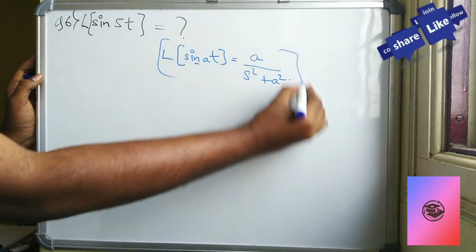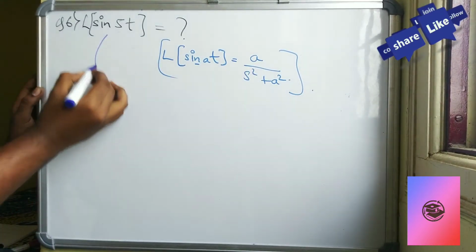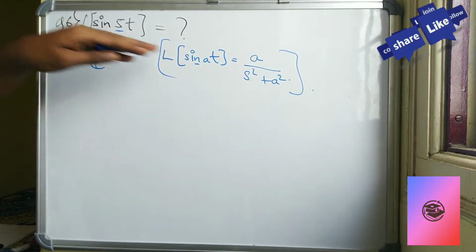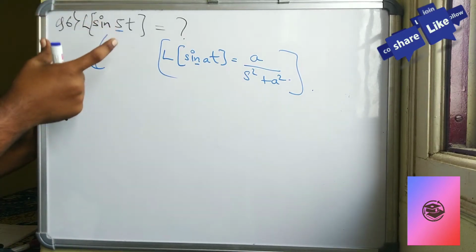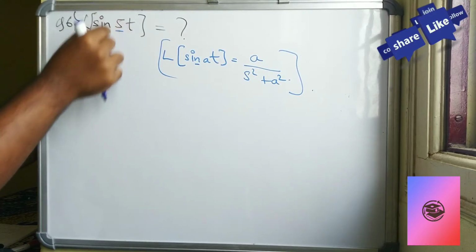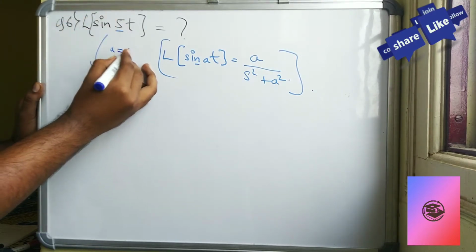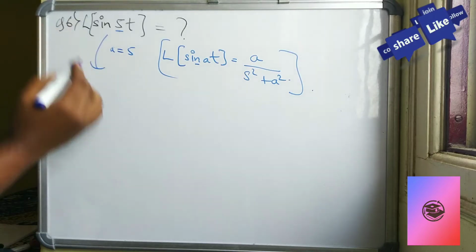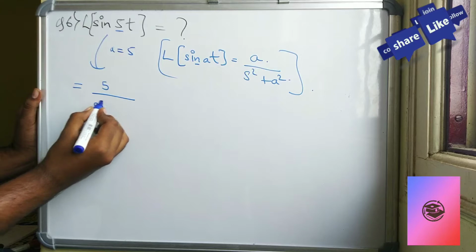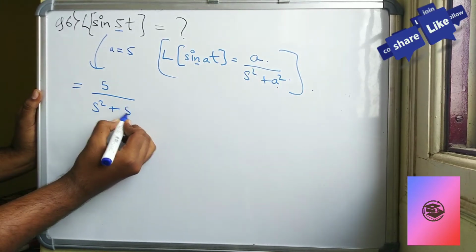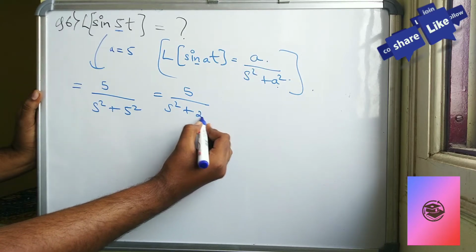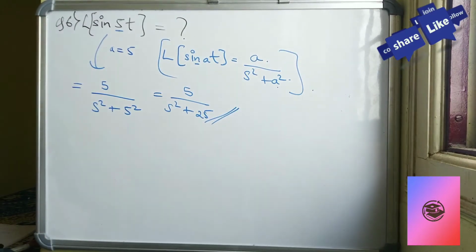Sine is there, so the numerator is a. This is a standard formula. Now compare: you have to compare this question with the standard relation. Instead of a, 5 is there, so a equals 5. So the Laplace transform becomes 5 by s square plus 5 square, which is 5 by s square plus 25. This is the answer.